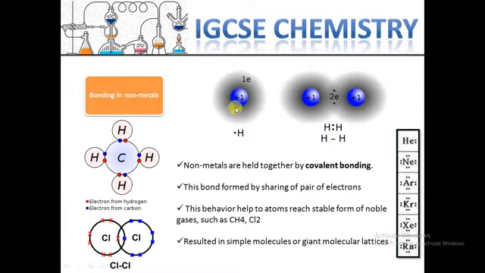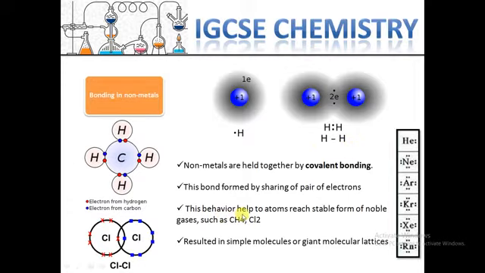Like here, if we have two neutral hydrogen atoms, a neutral atom of hydrogen has one electron in its outer shell. When they are located next to each other, each of them can share their electron. Then the pair of electrons can make a bond. Okay, like here. This is another way of writing the covalent bonding between two hydrogen atoms.